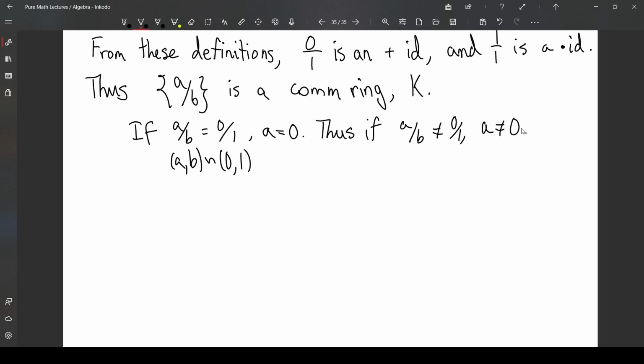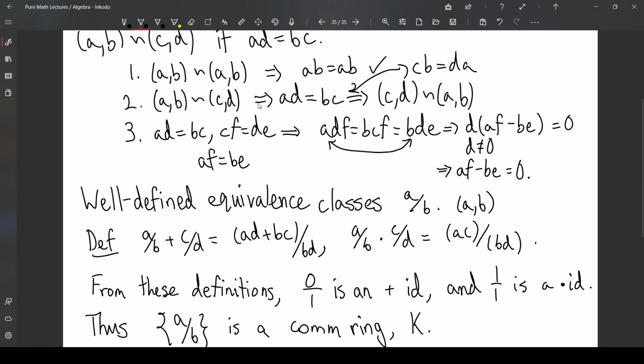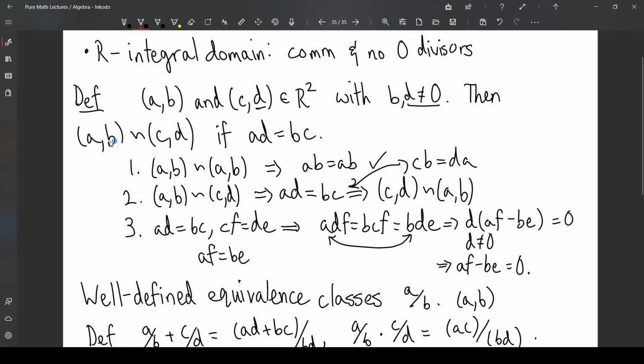So if a is non-zero, then that allows us to think about the pair b, a has a well-defined class b over a, right? Because remember, to define this equivalence class, we needed that the second term was non-zero.